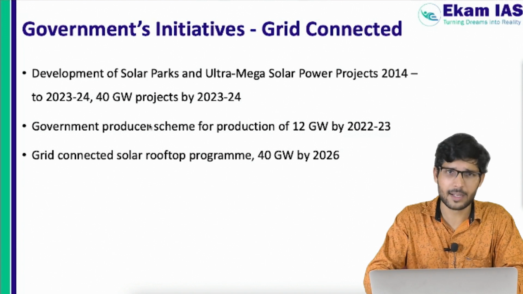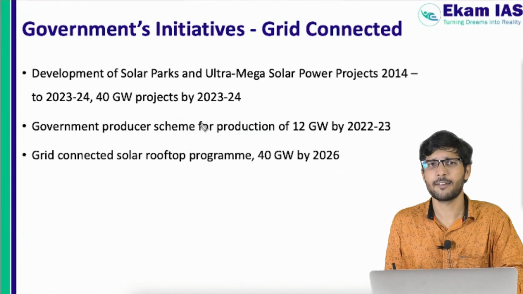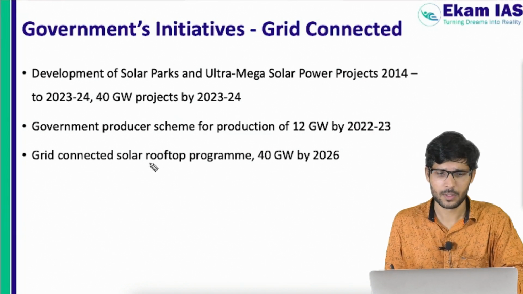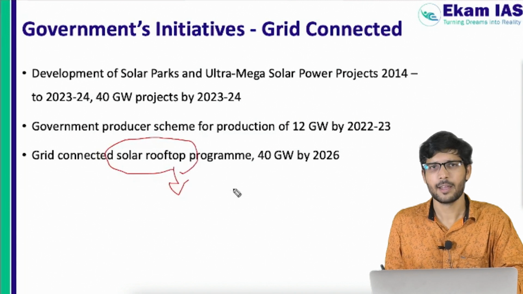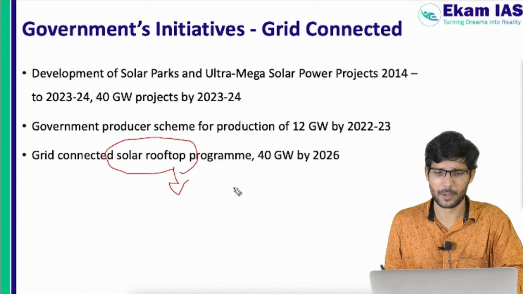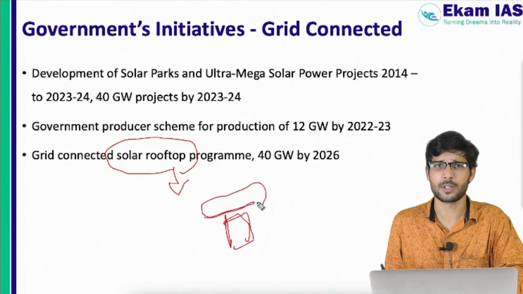And then comes the grid connected solar rooftop program. From the title itself you can understand it is something related to solar rooftop. So basically it is for residential electricity consumers, regular people. There will be houses, and the solar panel will be set up on the rooftop of the house.